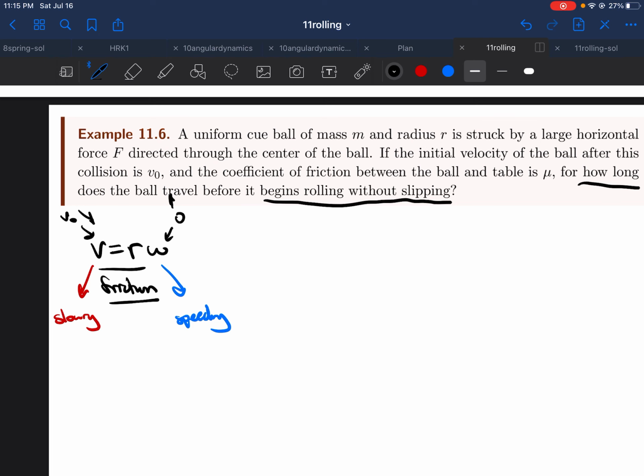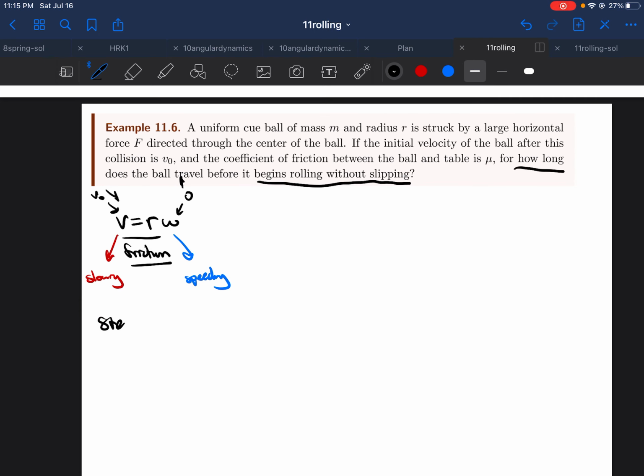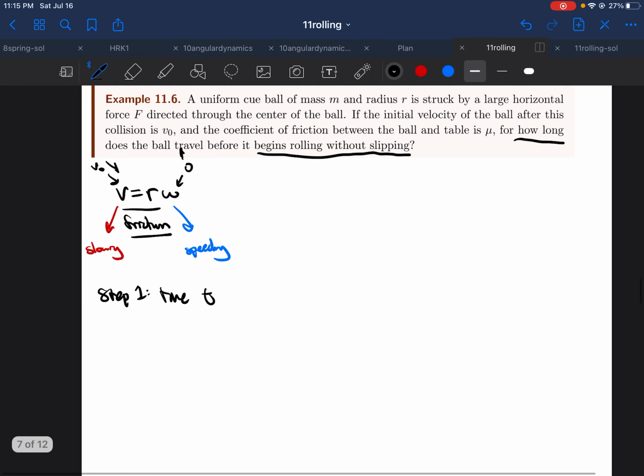Should be pretty simple. The first step for this solution would be to use kinematics and put everything in terms of time. I'm just going to put t as an abbreviation for putting everything in terms of time. And step 2 is just to solve the algebra.